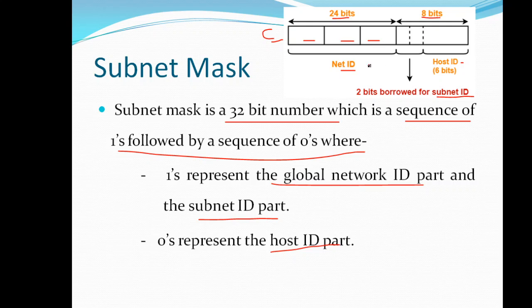So in this particular case, the subnet mask is represented with these 24 ones plus these 2 ones. In total, 26 bits are represented with 1 and the remaining 6 bits are represented with 0. So that is the subnet mask for this particular case.